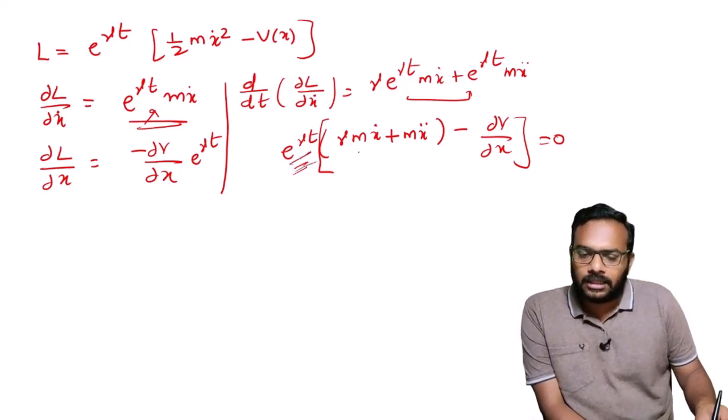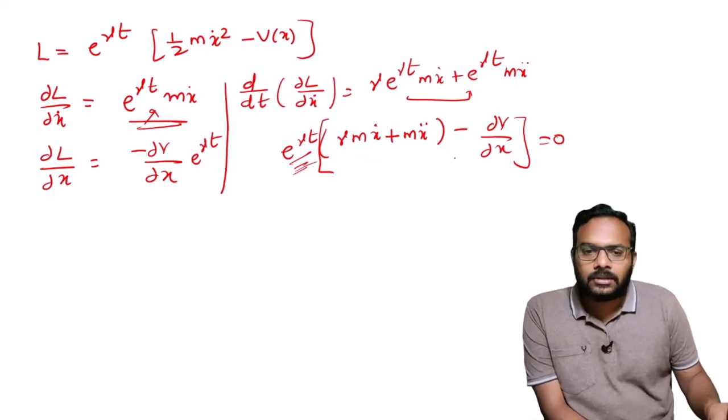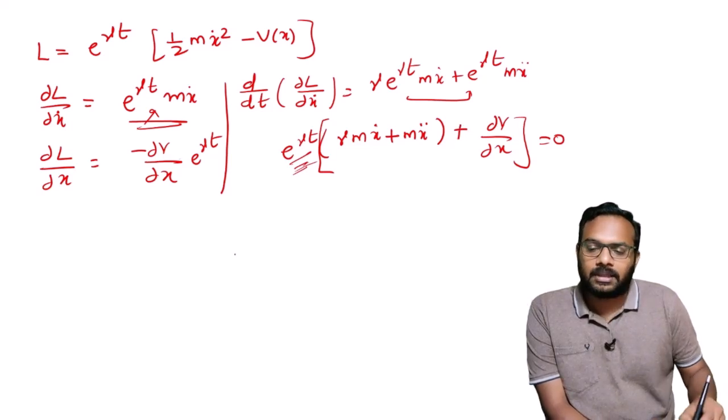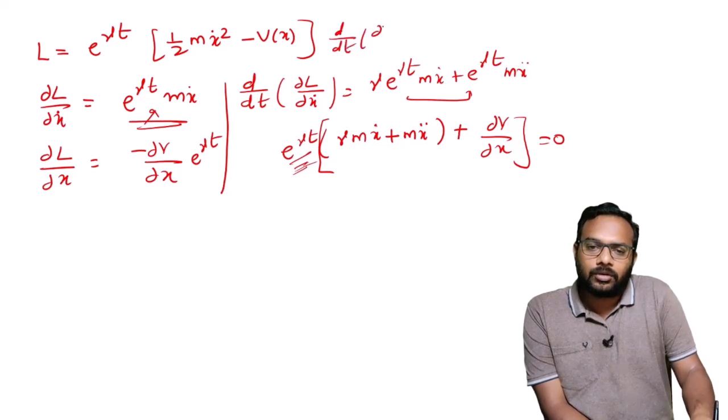Yes, that's correct. Dou L by dou x is minus dou V by dou x, so it means that you will have a plus here, because the equation of motion is d by dt of dou L by dou x dot minus dou L by dou x equal to 0.